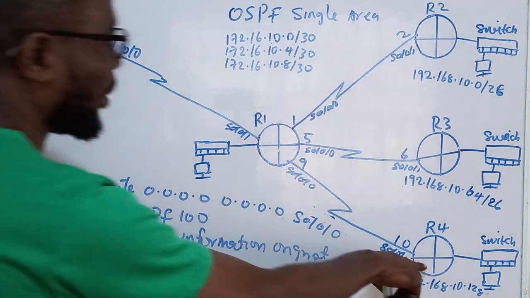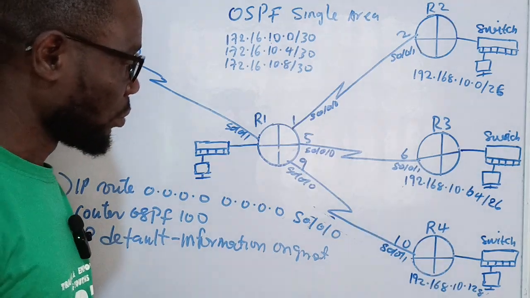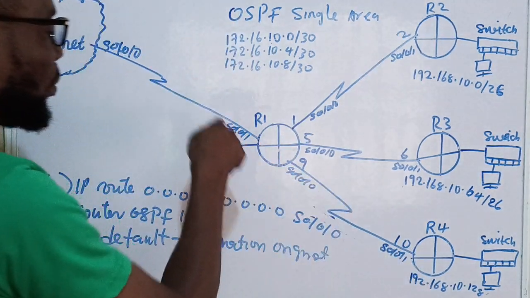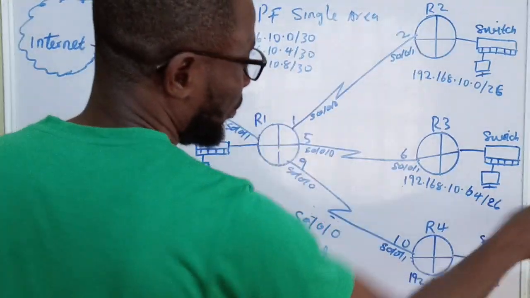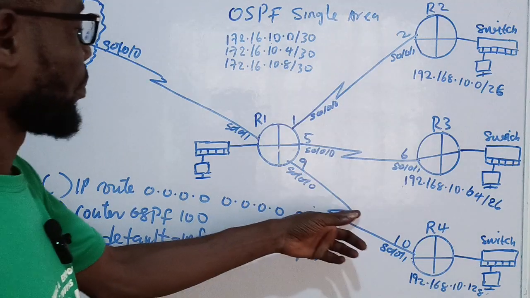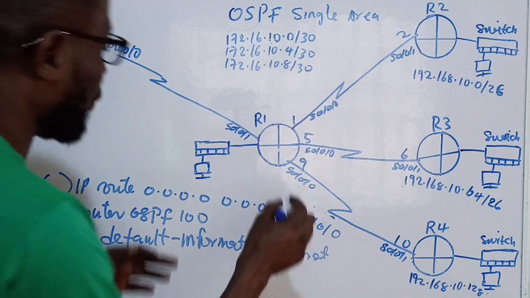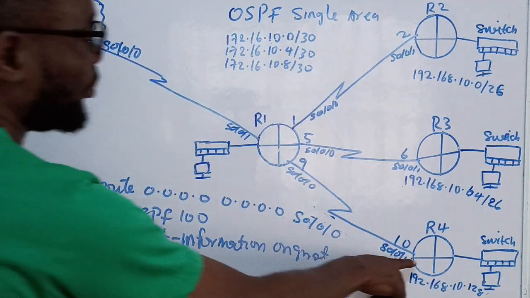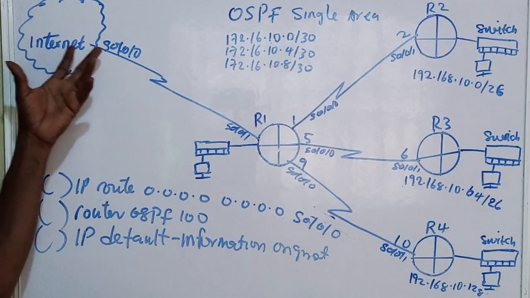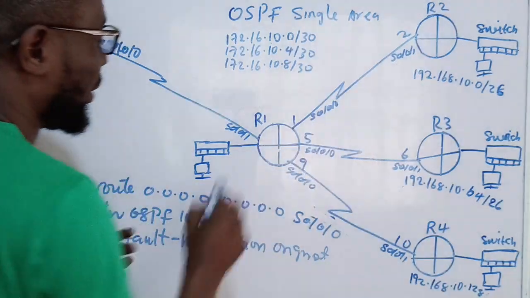Immediately, these routers will detect that, oh, our internet route is this. We have to follow this way. They cannot look for it otherwise. Without doing this, they may not send packets to the internet. Okay, so that is it. They will know that their internet is here. By the time we do show ip route here, you see it facing the internet side, S0/0/0.